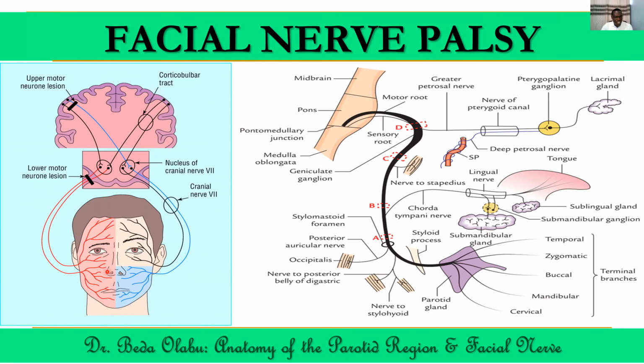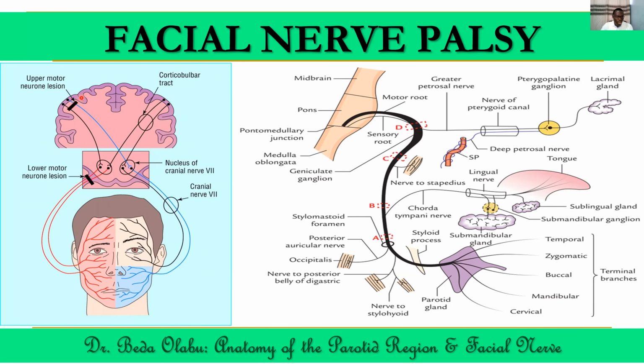However, the muscles which are on the lower part of the face do not receive bilateral projection, but they receive unilateral, or rather, let me use the term contralateral projection. It's one-sided projection and it's contralateral. Let's use this blue to help us understand the concept.